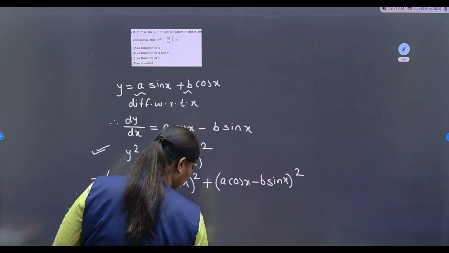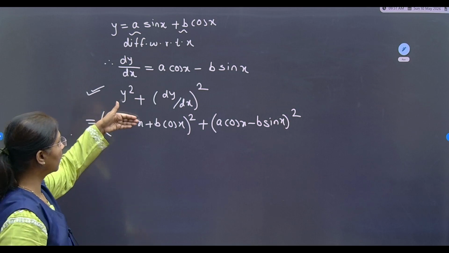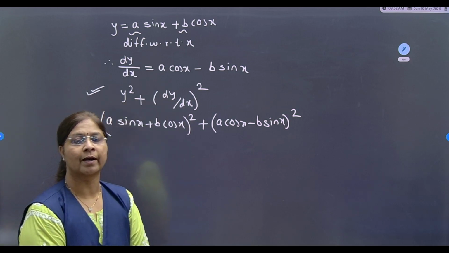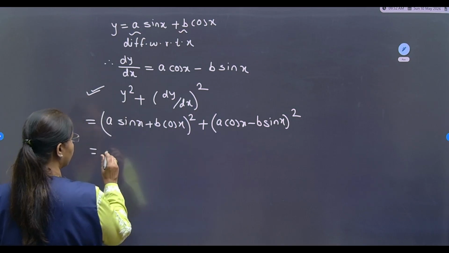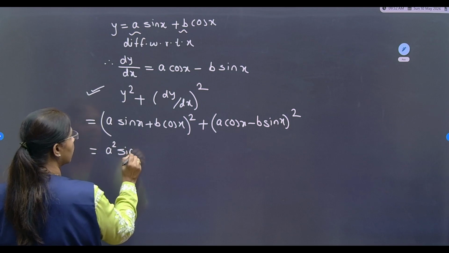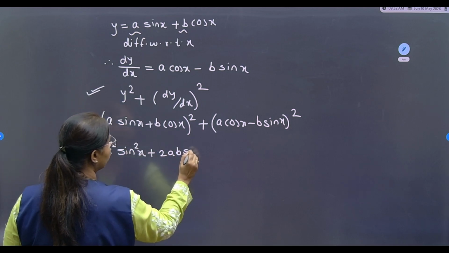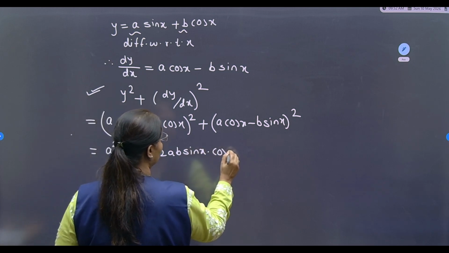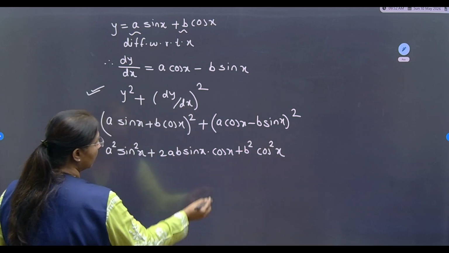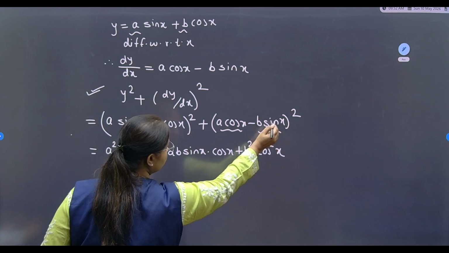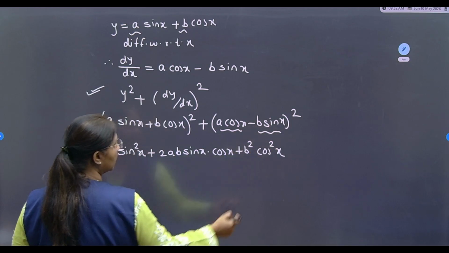Then solving this, we know that (a plus b) whole square expands to a square plus 2ab plus b square. Therefore, here we get a square sin square x plus 2ab sin x cos x plus b square cos square x. Then (a minus b) square expands to a square minus 2ab plus b square.